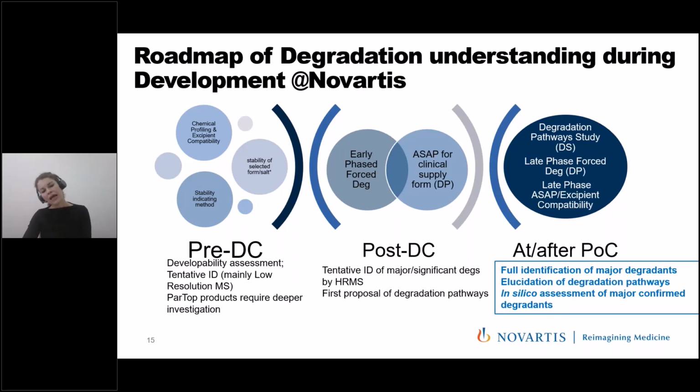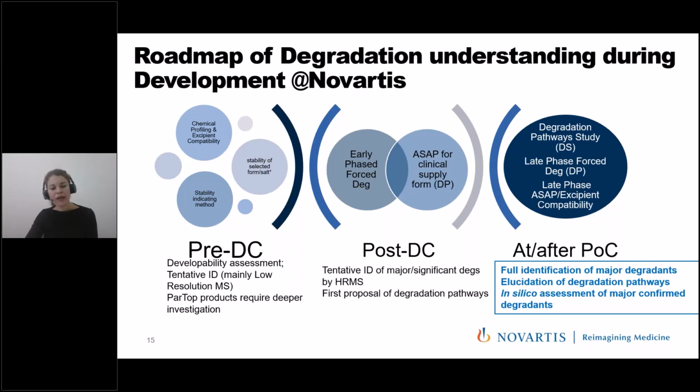Then, still before first-in-human, once we have the first GMP manufacturing and the first formulation, we perform the early phase forced degradation and the ASAP for the clinical supply formulation.